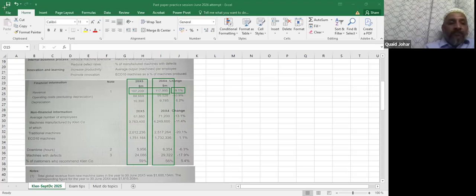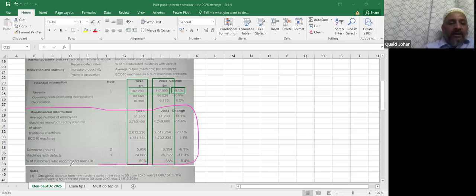Now, let's move on to the non-financial data. In this question, they have covered financial information plus non-financial information. This is all about non-financial information. You need to just go through it. This section covers the non-financial information.